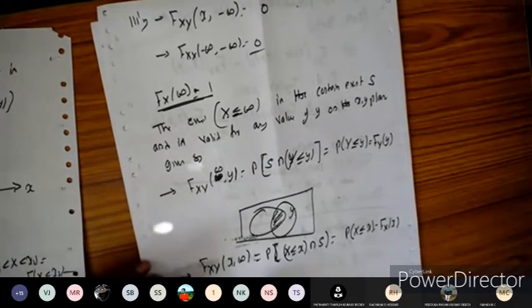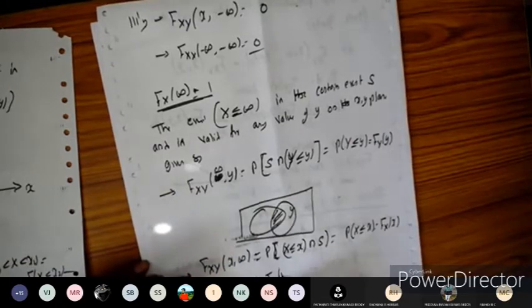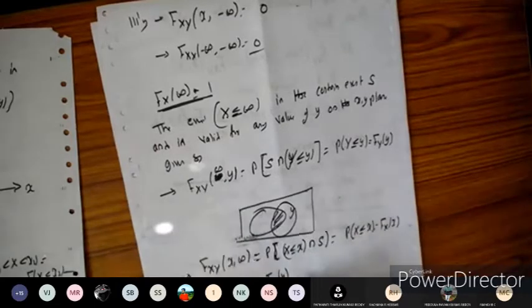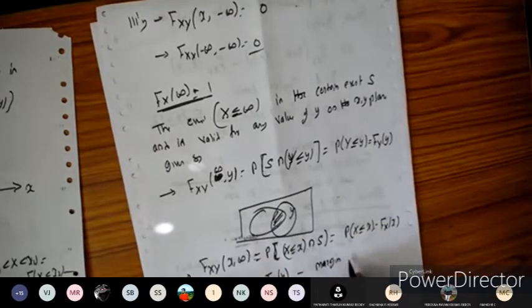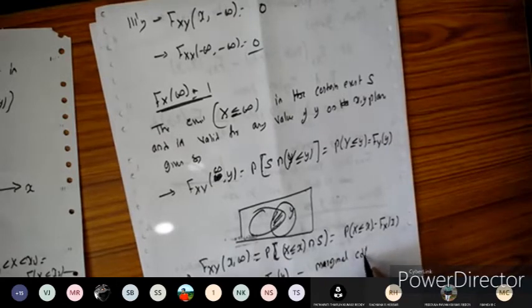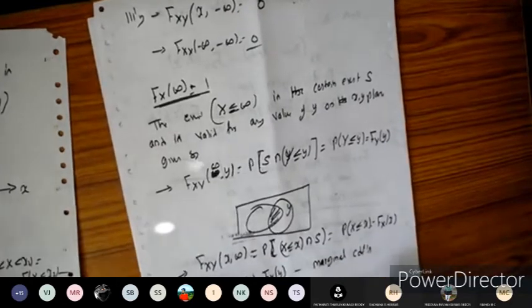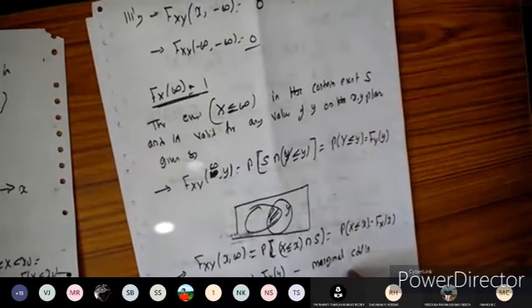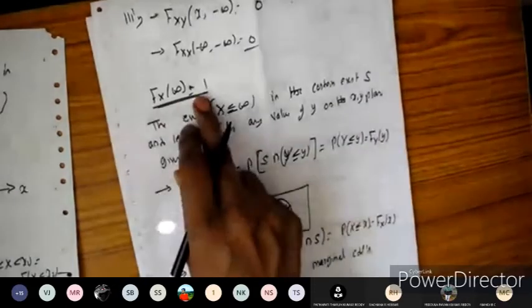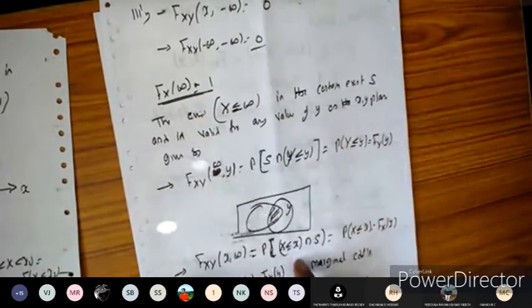So we can say that this Fx of x and Fy of y, which are obtained from the bivariate, we call the marginal CDFs. We call them marginal because it's a part of that one we are taking. This is a property which has been extended from the single random variable. The same property has been extended here also.